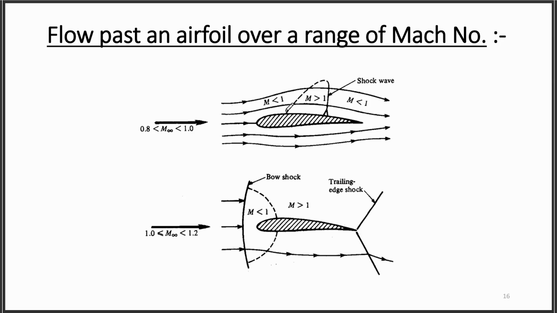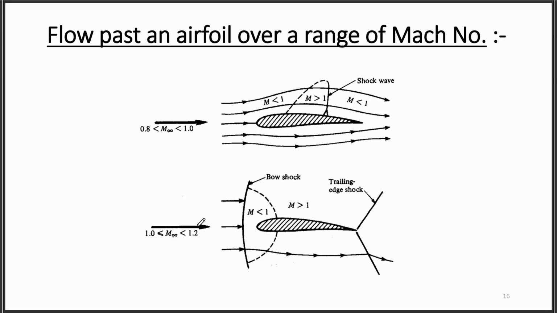Initially the flow is subsonic, but due to the geometry of the aerofoil, at some point it will become supersonic. Due to the supersonic flow, there will be one shock wave on the body, which will reduce its Mach number. It will make it subsonic again.